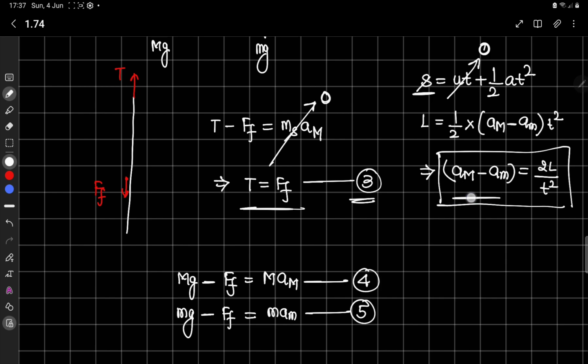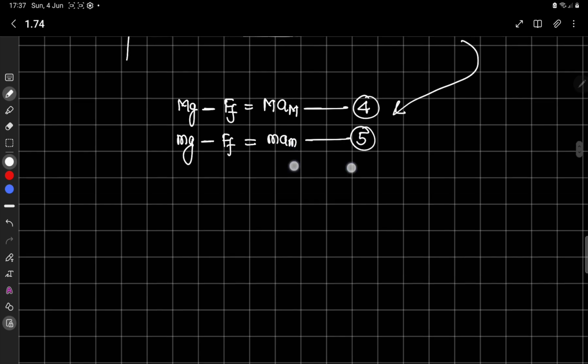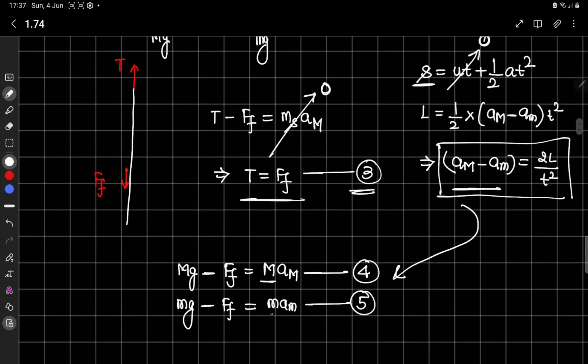Now we have to use this equation to solve these two equations. In order to do so, we should have the coefficients of A_M and a_m be the same.